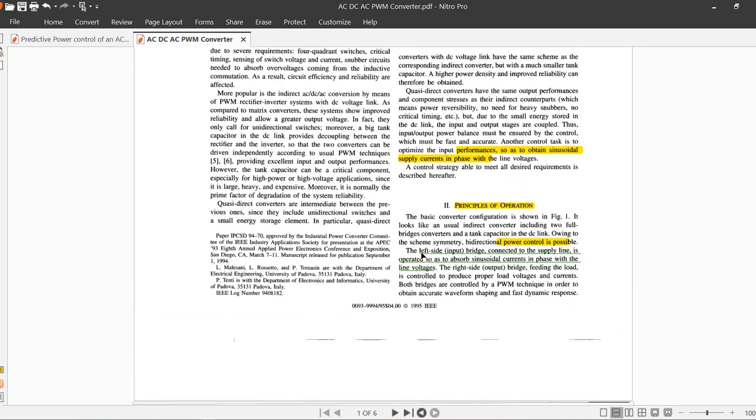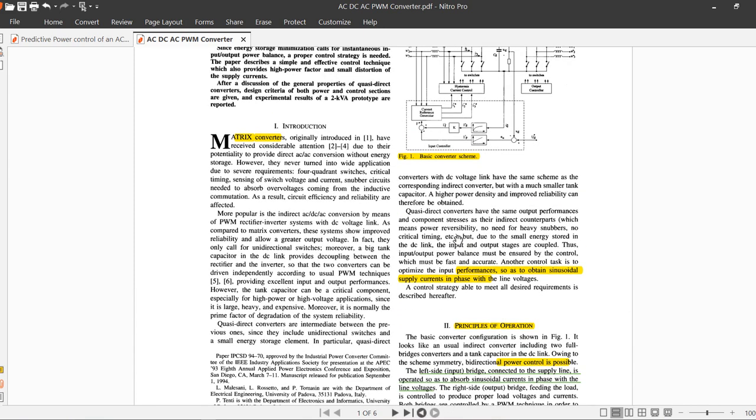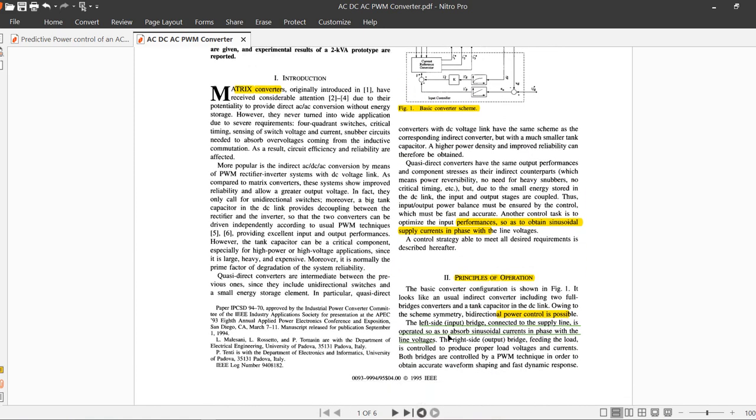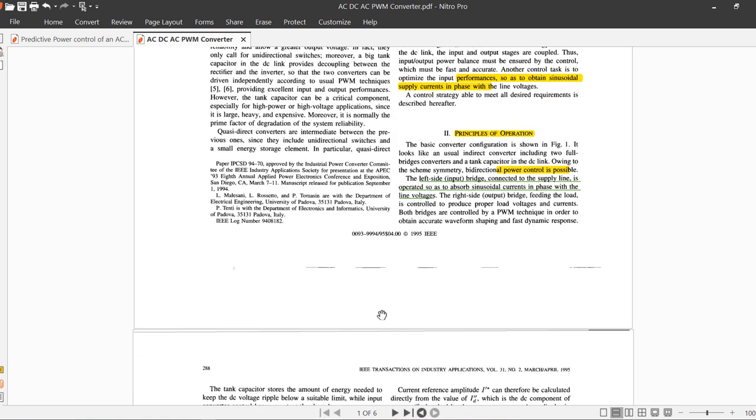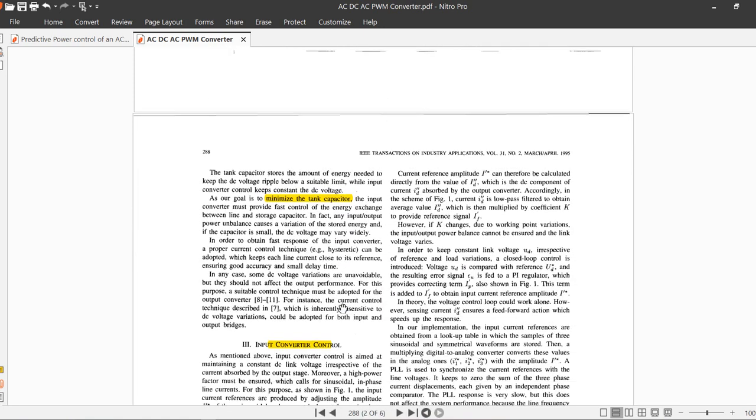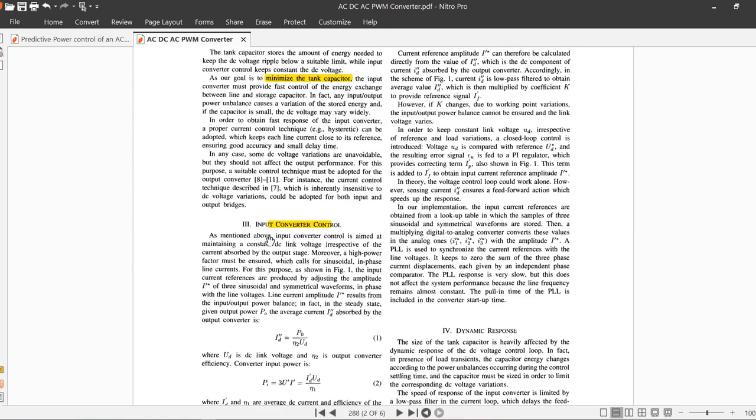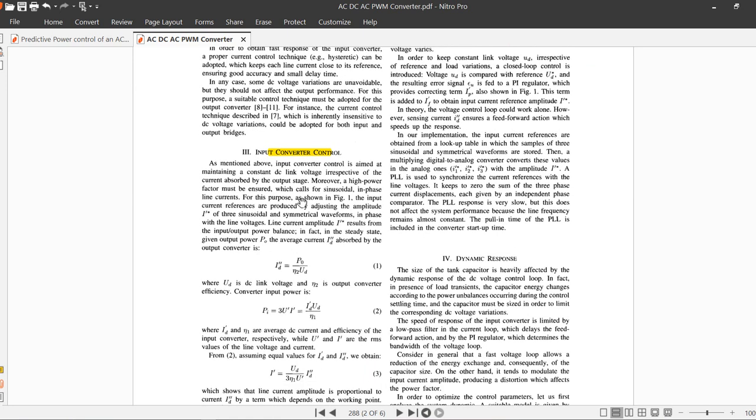Next is the principle of operation. We can see how they describe the principle of operation, the left side and the right side of the bridge, in great detail. Then they talk about the input converter control. The input converter control is aimed at maintaining a constant DC voltage, irrespective of the current absorbed by the output stage.